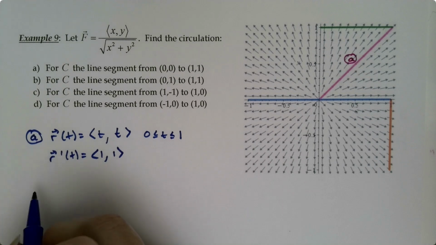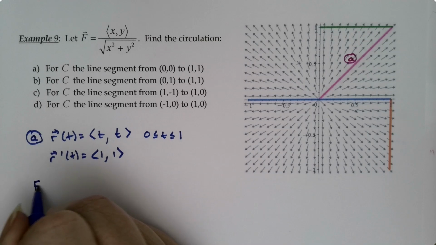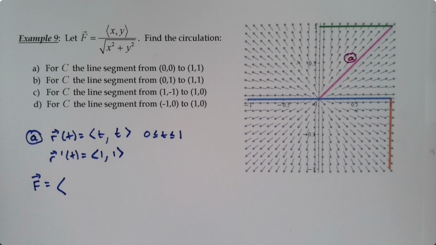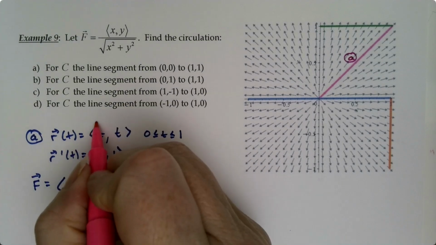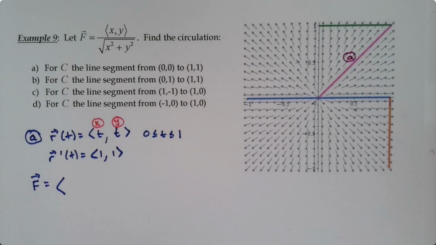And then the vector field is complicated. So the vector field is equal to, okay, so now remember, this is now our x, and this is now our y for this particular piece.